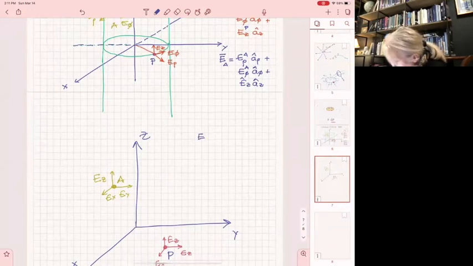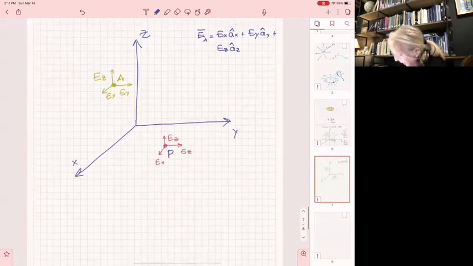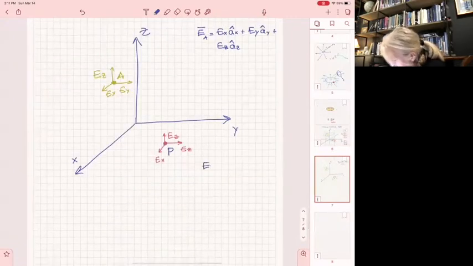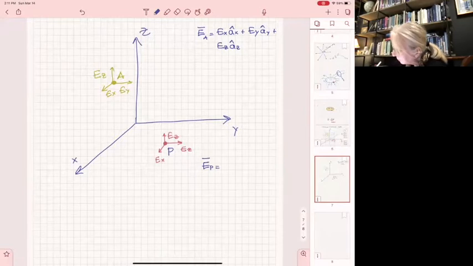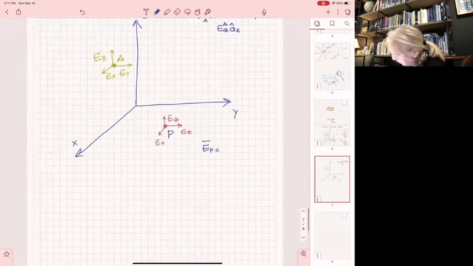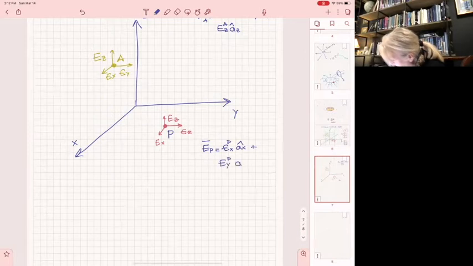So E sub A, however, is going to be here the three other components: E sub X plus E sub Y plus E sub Z. And E sub P will be E sub XP plus E sub YP plus E sub ZP.